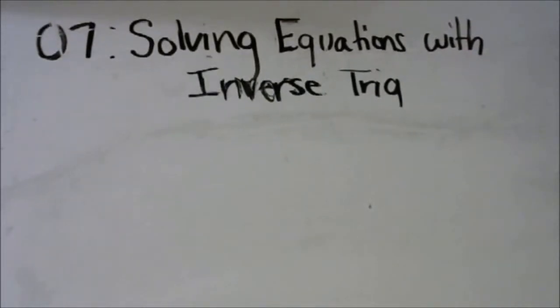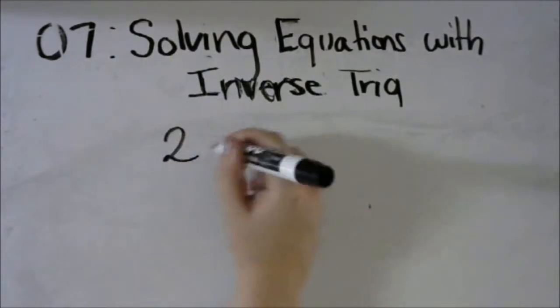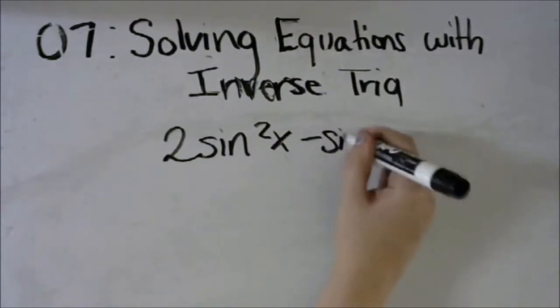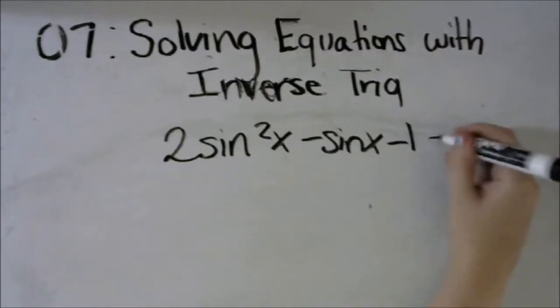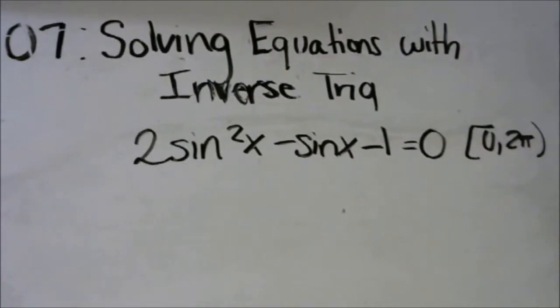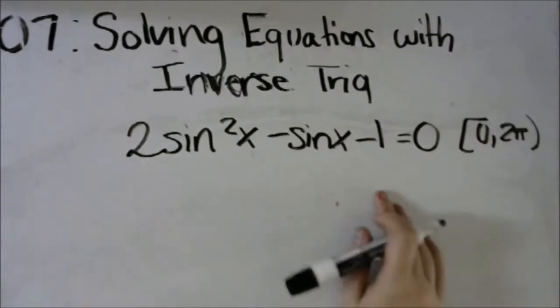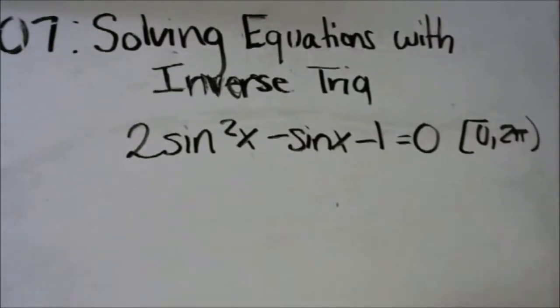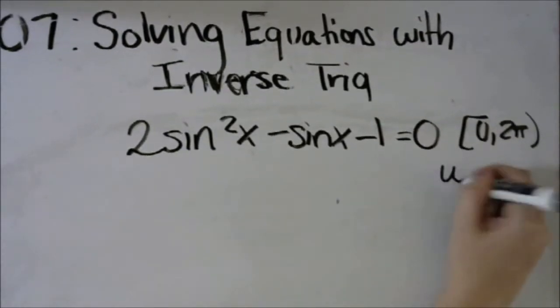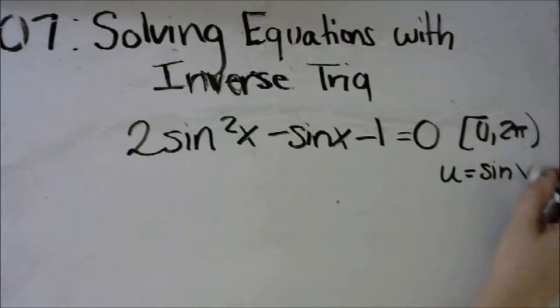So for our factoring example, let's take a look at the equation 2 sine squared x minus sine x minus 1 equals 0 on the interval 0 to 2 pi. Now you can leave the equation like this and factor it just the way it's written, or you can use a process of substitution, which is a common strategy in calculus, where rather than leaving sine x in the problem, I can substitute sine x for a simpler expression.